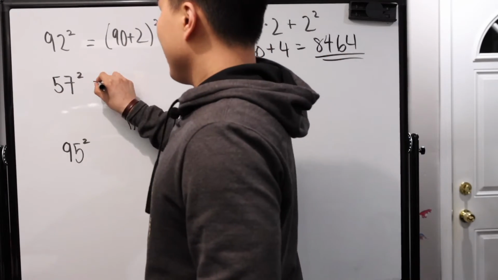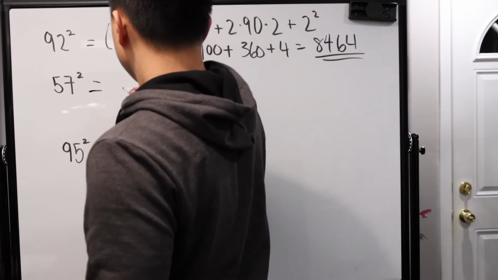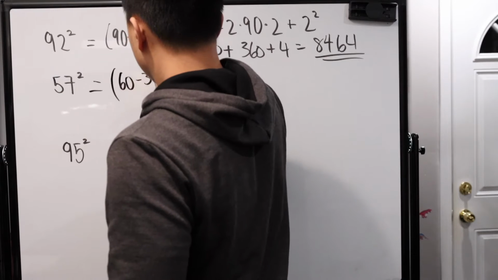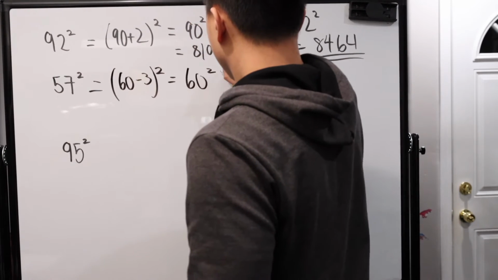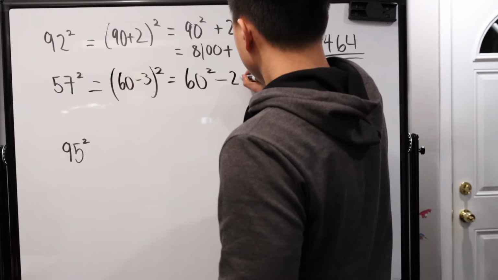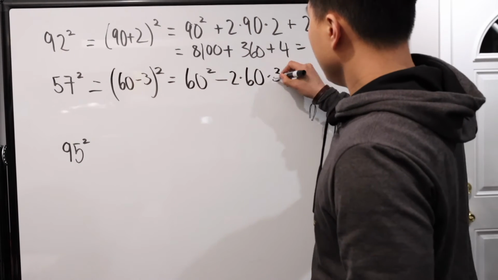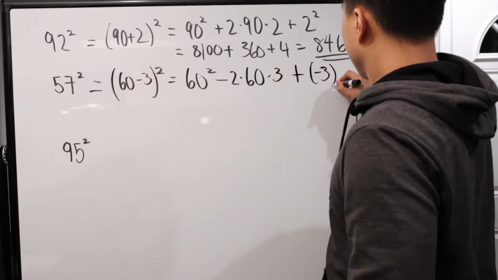This one right here, the number in the ones place is greater than 5. So what we're going to do is the subtraction. 60 minus 3 squared, right? That's going to be 60 squared minus 2 times 60 times 3, plus negative 3 squared.